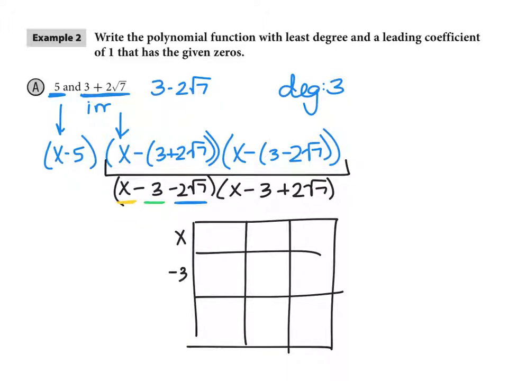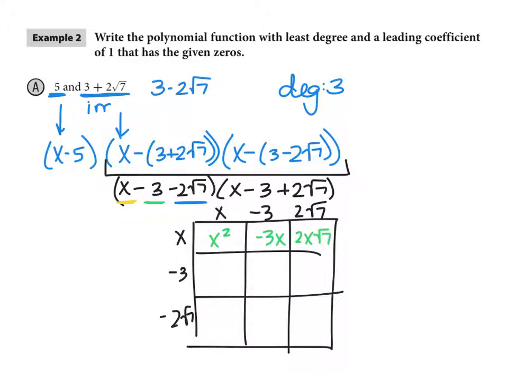x, negative 3, negative 2 square root 7; x, negative 3, positive 2 square root 7. And I'm just going to go ahead and multiply all of those terms out. So this is going to give me x squared, negative 3x, x times 2 square root 7, or 2x square root 7 if we want to write it that way. It's probably the best way to write it, 2x square root 7.